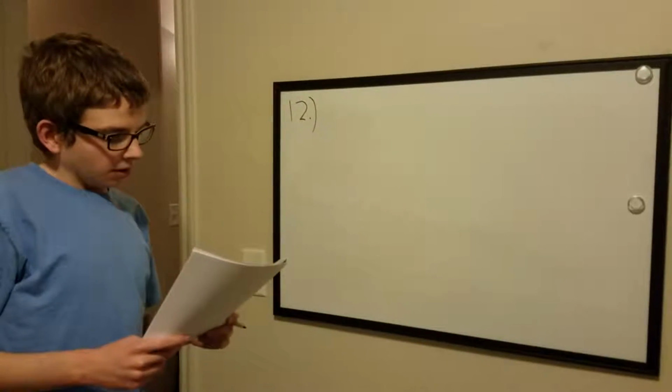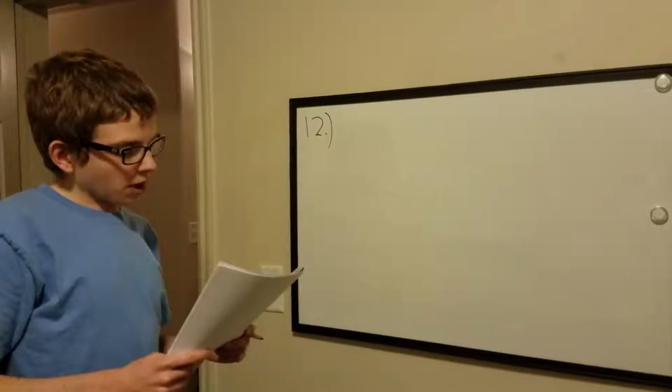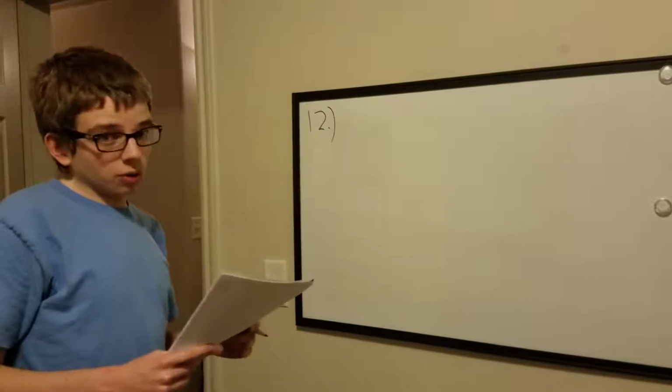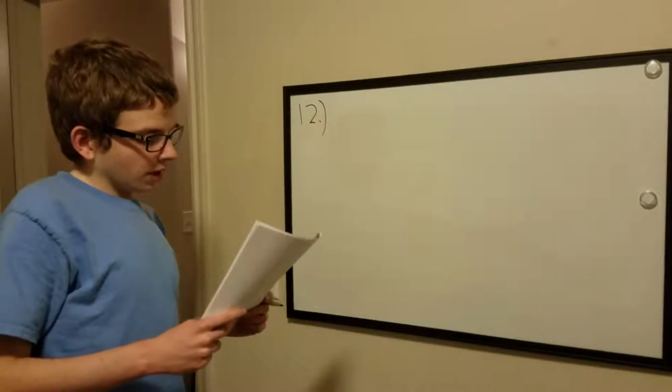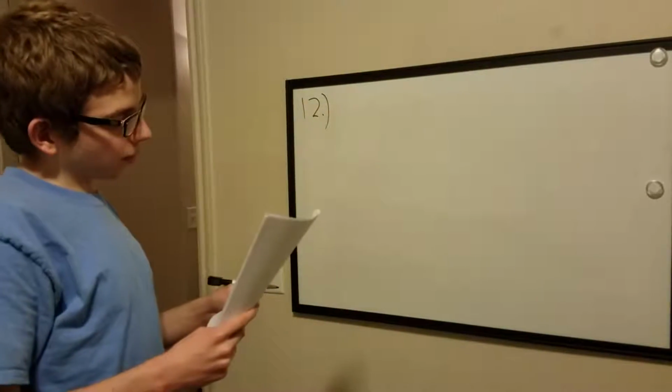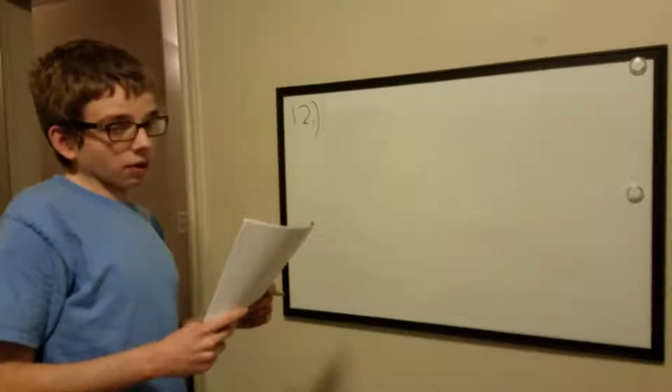Alright. So I'll be showing the solution to problem number 12 in chapter 2. So the problem reads, the figure accompanying this problem shows the velocity of a solar-powered car as a function of time.